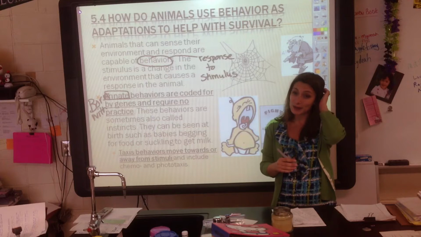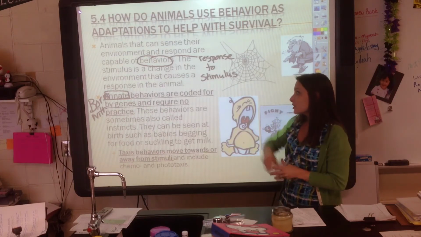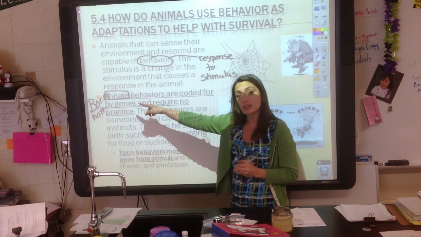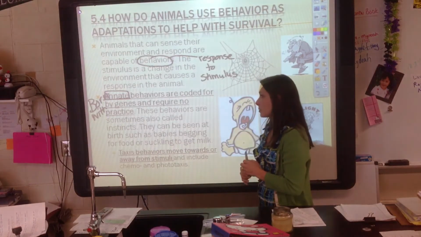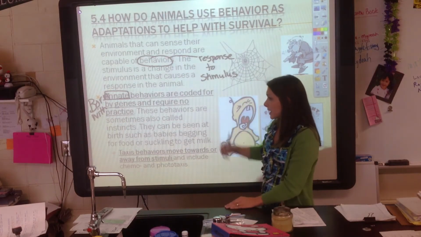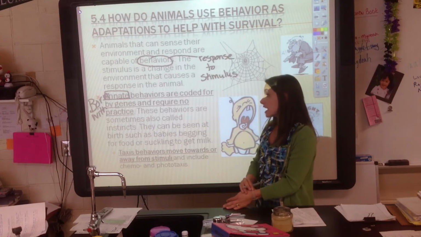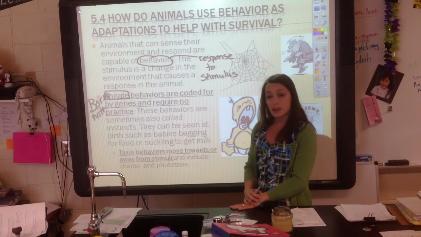In fact, we spend a lot of time trying to teach babies how to stop crying. So innate behaviors are coded for by our genes. Our DNA has the information or the code for that behavior. These behaviors are sometimes called instincts. They can be seen at birth, such as babies begging for food or suckling to get milk.